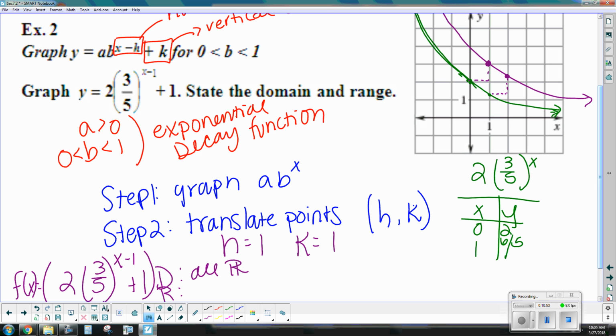But the range, since we shifted that parent graph up 1 unit, our y is going to stay above 1. So our new asymptote is right here, where y equals 1. It's never actually going to reach that point, no matter how high our x value gets. It's never going to output a value of 1. It'll get really close, but it will never actually be 1.